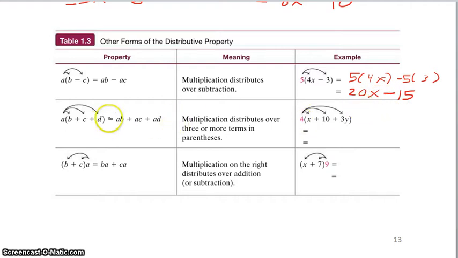Here we have all addition, but this is over 3 terms. It says multiplication distributes over 3 or more terms in parentheses. So now we take this 4 here.